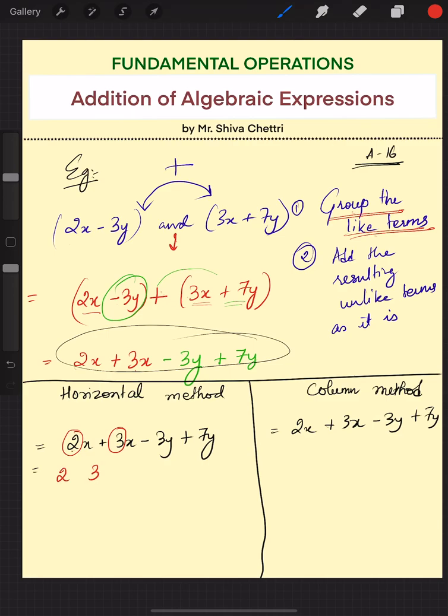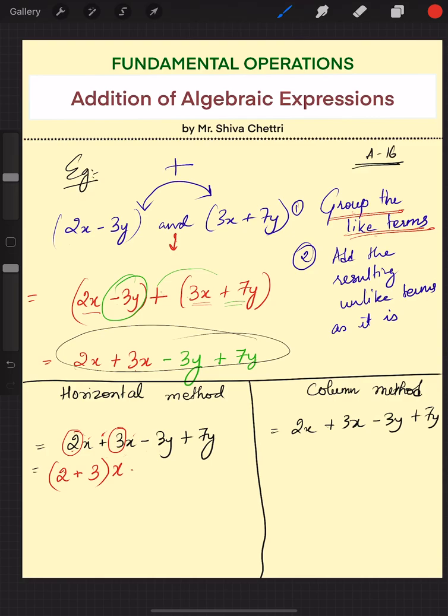What is the sign in between 2 and 3? It is plus. So I'll write plus, and I'll put it inside the bracket. What is left now? x and x. So x is common in both, so I take x outside because it is common. Why? Because if you multiply x to 2, you will get 2x, and x to 3, you will get 3x.